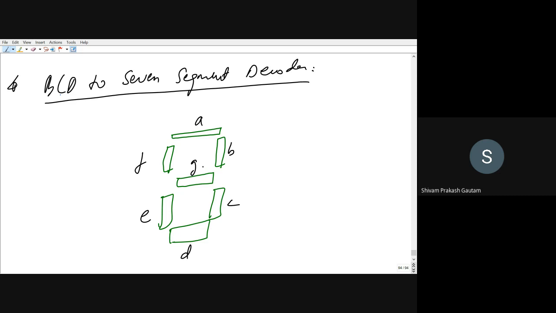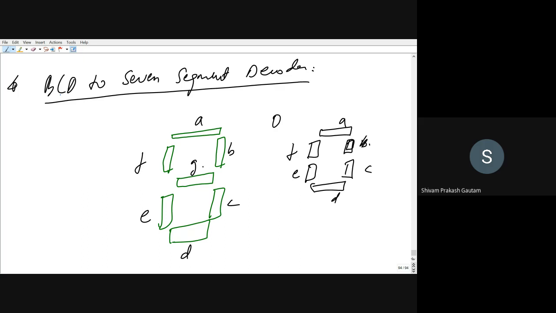They will glow depending on whatever number you want. Let us suppose you want 0. For glowing 0, how many LEDs will you require? A, B, C, D, E, F, and G remains low.